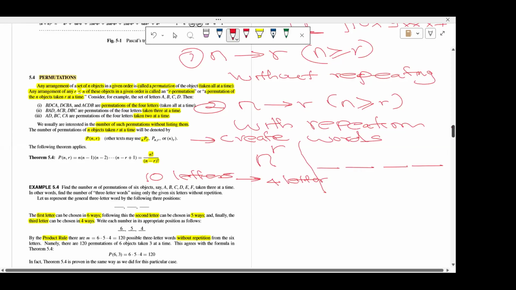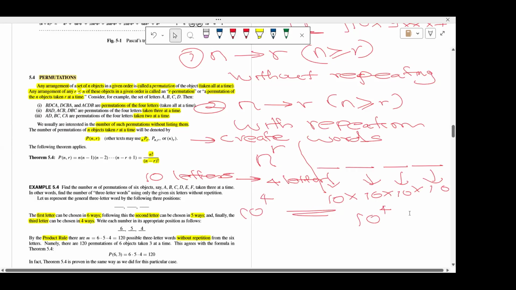For the first place we use A, second place also A, third place also A. With repetition means using the same letter again and again in different positions. So the first position we can fill in 10 ways, the second position also 10 ways, the third position also 10 ways, the fourth position also 10 ways. Altogether 10 to the power 4. Here n is 10 letters, so 10 to the power 4. So both give the same answer.